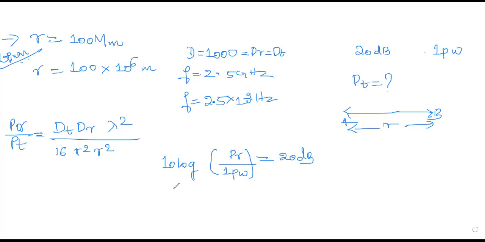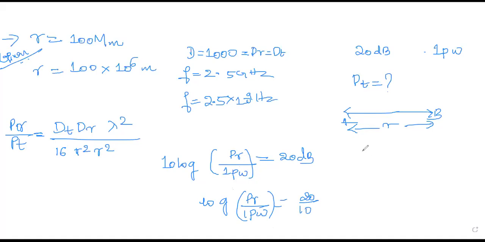And since it is in dB, it will be 10 log of PR by 1 picowatt is equal to 20 dB. Is it clear? Okay. Now log of PR by 1 picowatt is equal to 20 by 10.